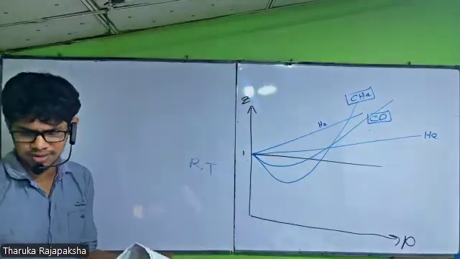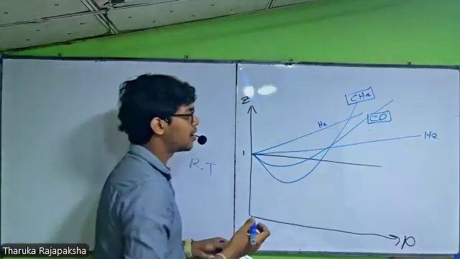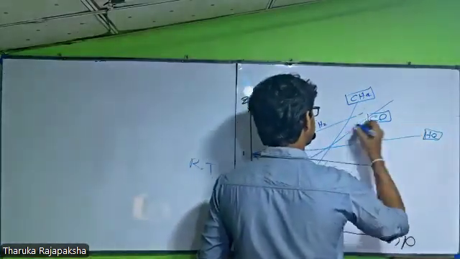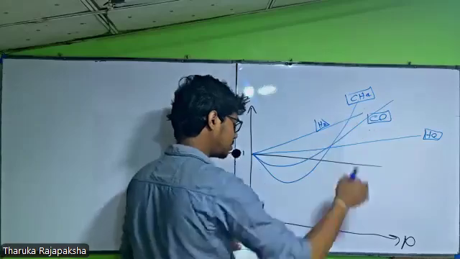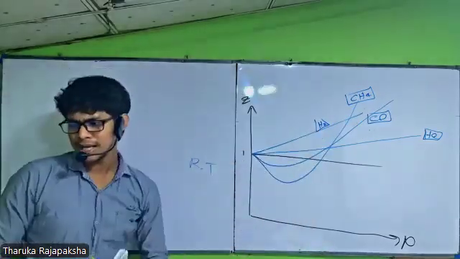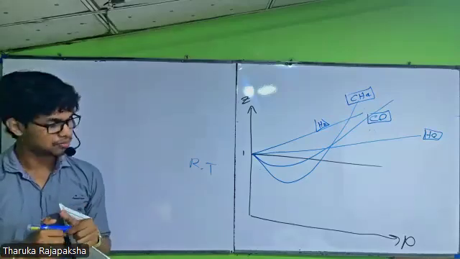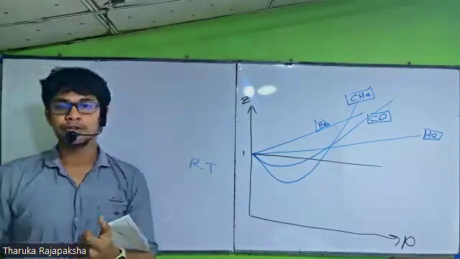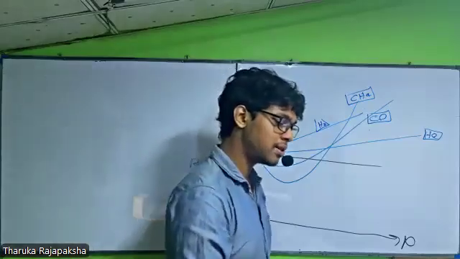Why do these gases show different variations? Helium goes like this. CH4, carbon monoxide. Why these things? People, 2024 A level first MCQ.